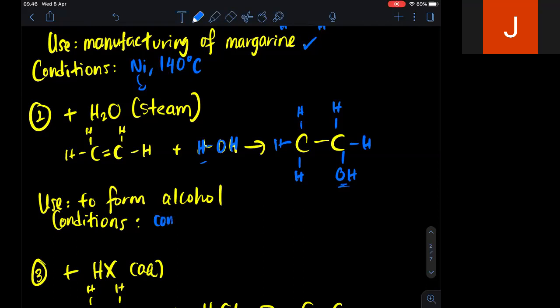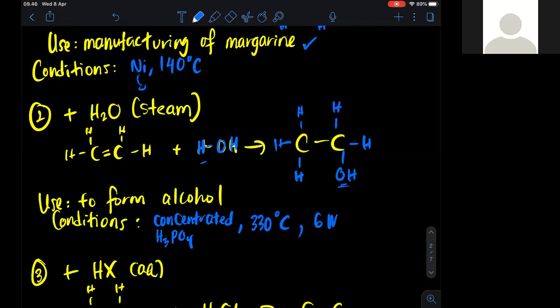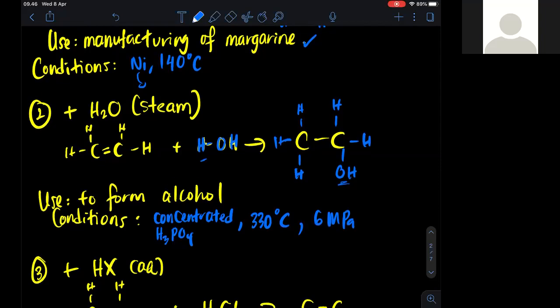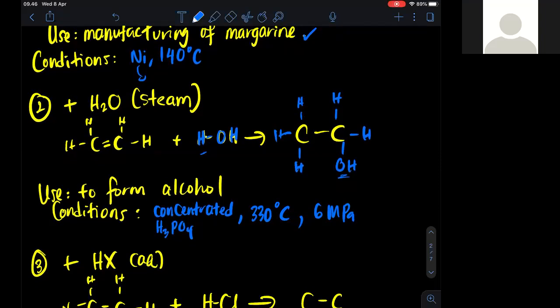Concentrated phosphoric acid, and then 300 degrees Celsius or 330 degrees Celsius, and then 6 megapascal. I want you to memorize all this. Very important.